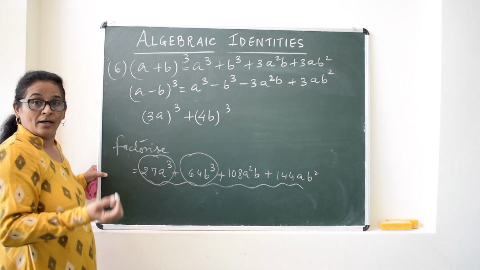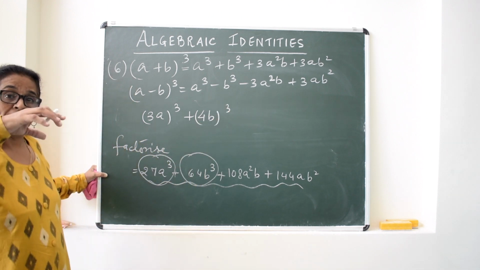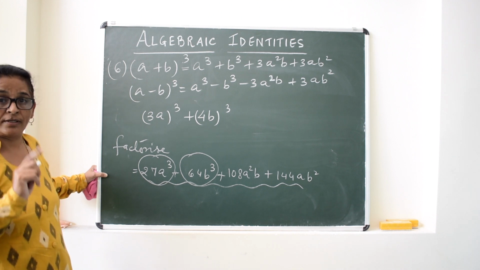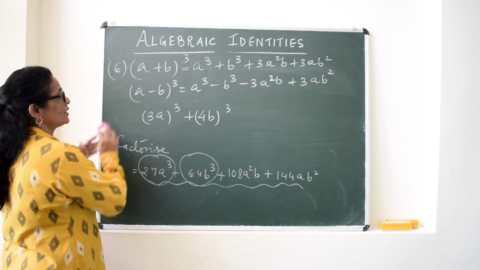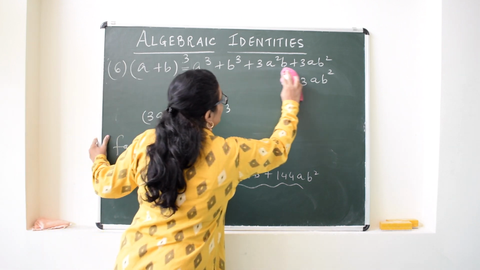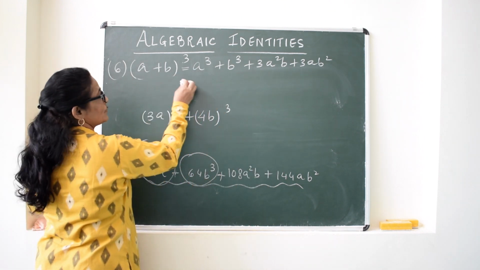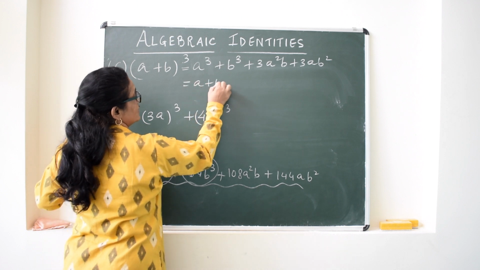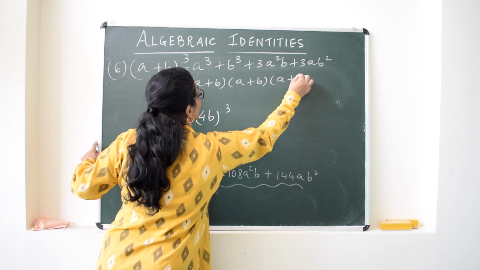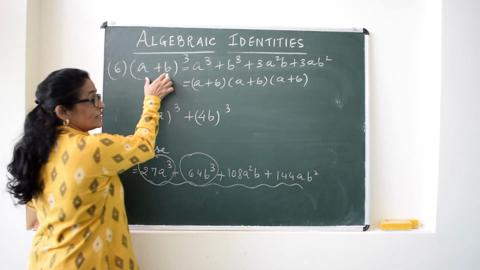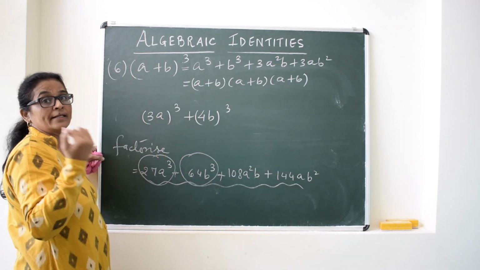Then the second quantity we will write as (4b) the whole cube. Okay. Now, you just remember what was the first expansion? (a + b) the whole cube. (a + b) the whole cube was (a + b) into (a + b) into (a + b) first. Because the cube of any quantity is the same base multiplied 3 times.